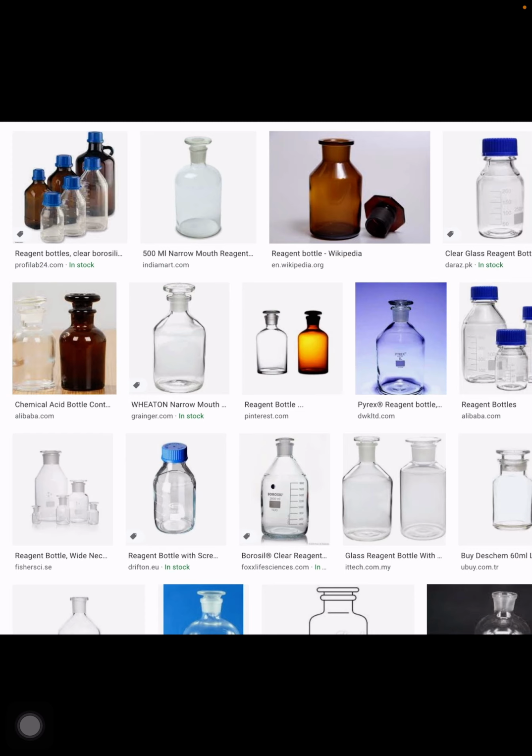Some chemical reactions are photocatalyzed reactions, which are catalyzed by light. So such types of reagents are kept in dark reagent bottles. Otherwise many of the reagents can be kept very safely in these clear bottles.